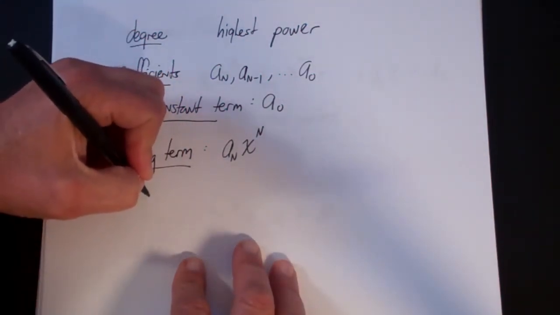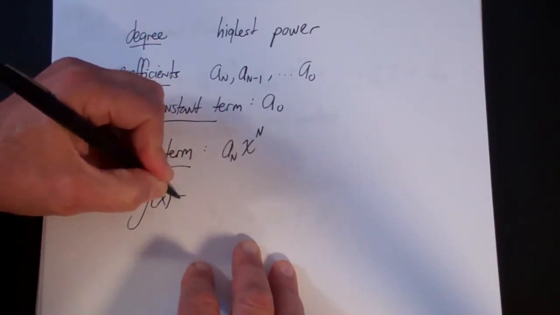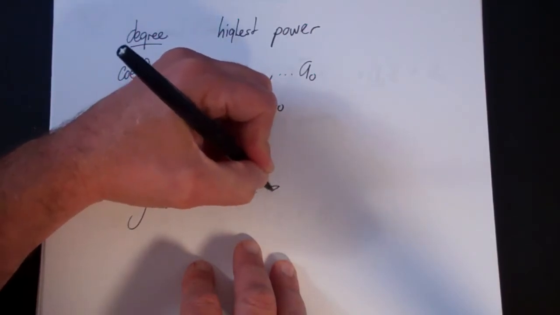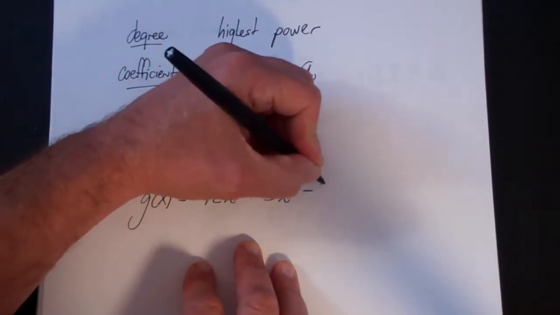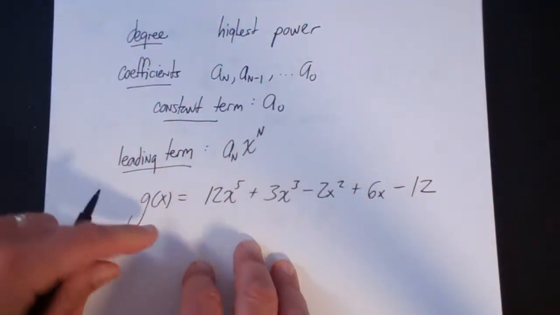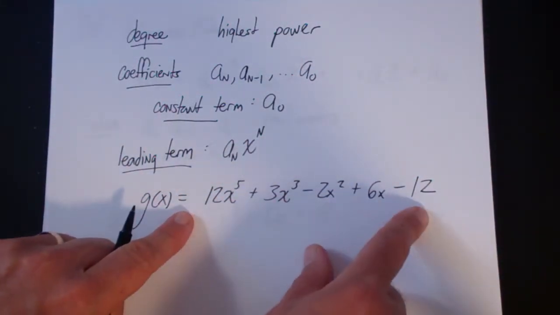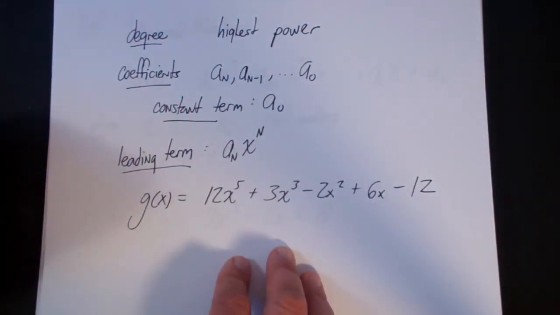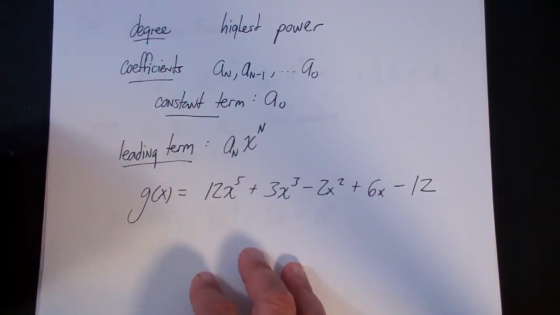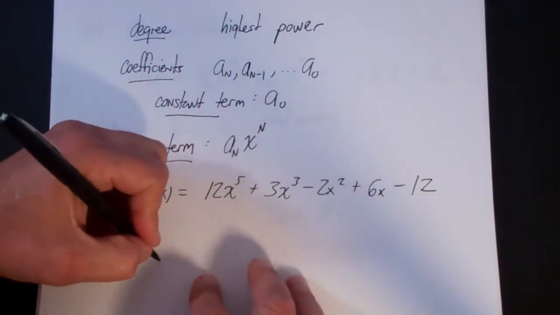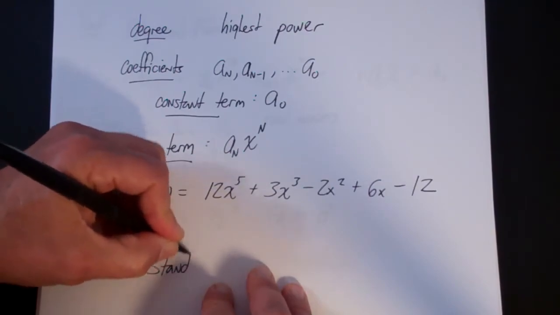So let's look at an example. Let's say you had g of x is equal to 12x to the fifth plus 3x cubed minus 2x squared plus 6x minus 12. This is a polynomial function. It has powers, but all the powers are positive integers. If it's written from the highest power to the lowest power, we say that it's written in standard form.